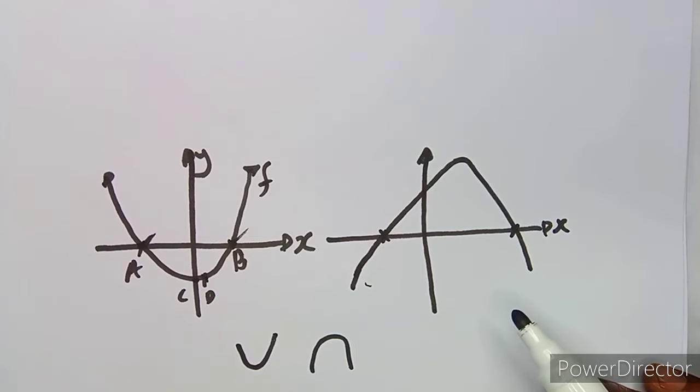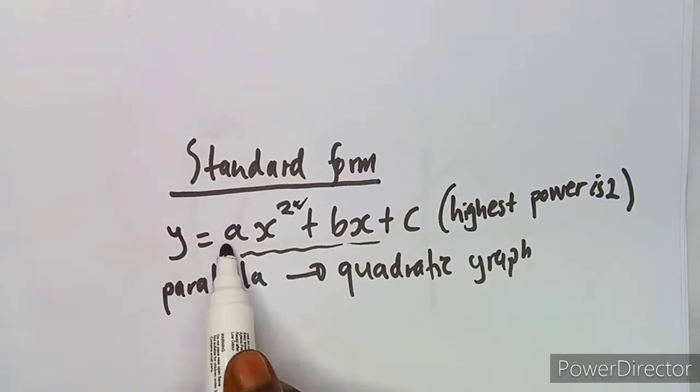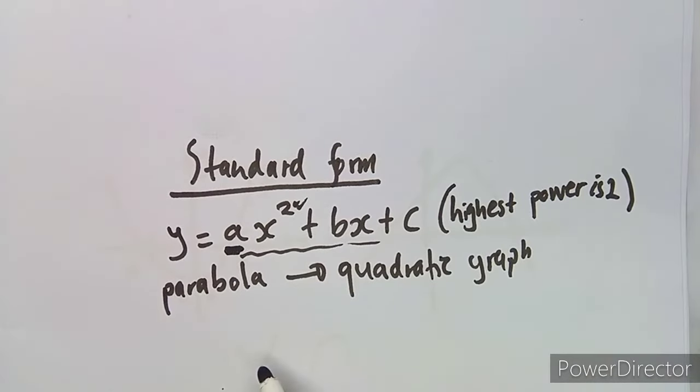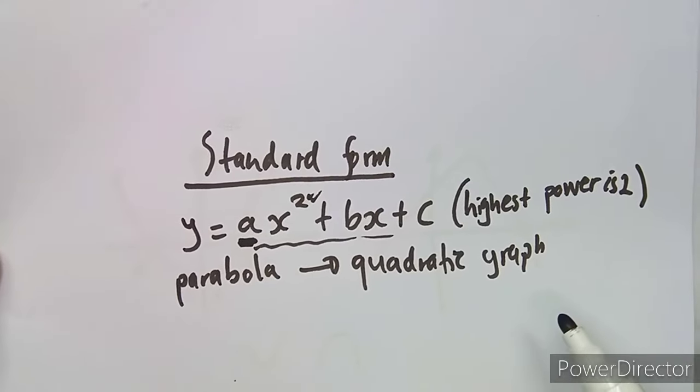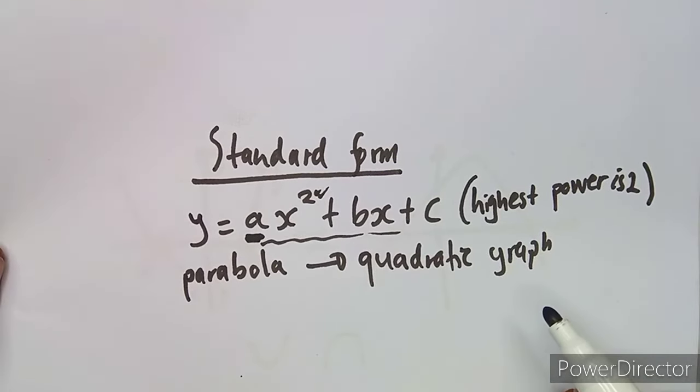So what determines the shape of this graph is the A here. This value of A is the one that determines the shape of the graph that you're going to have at the end.